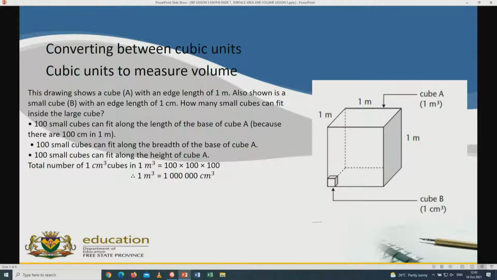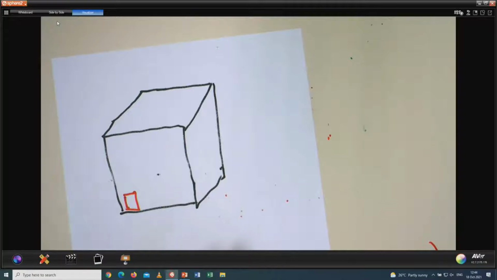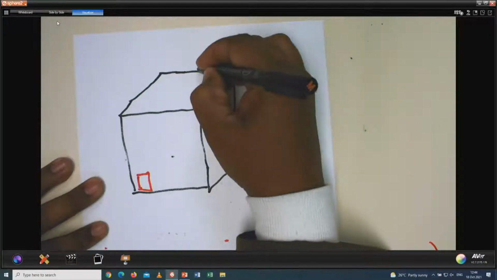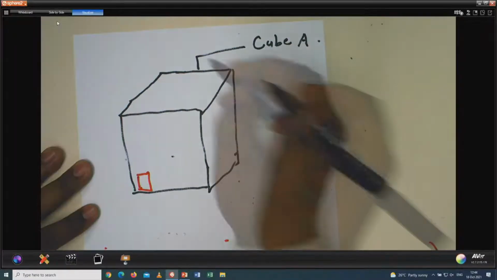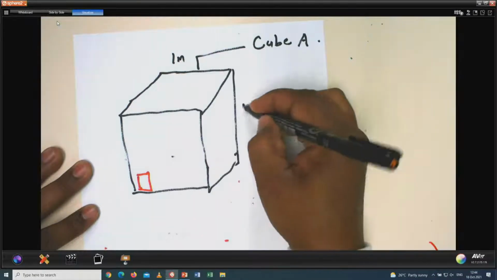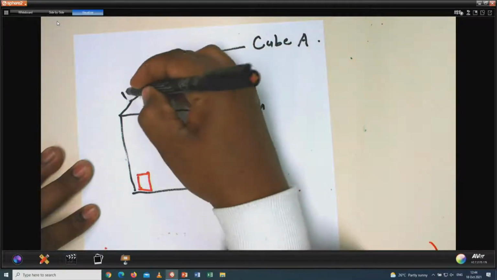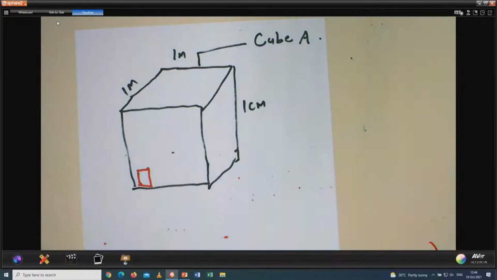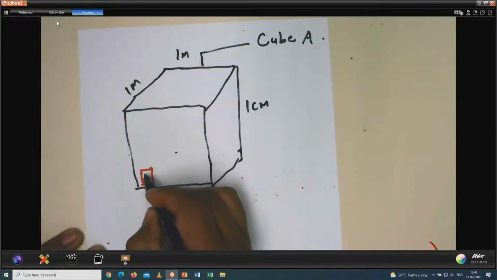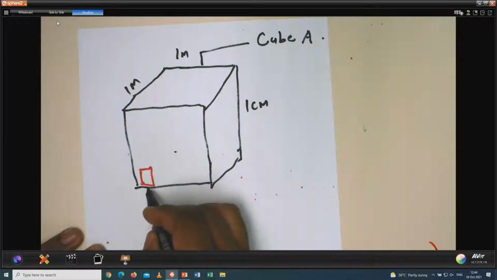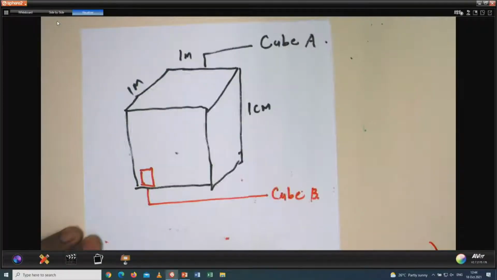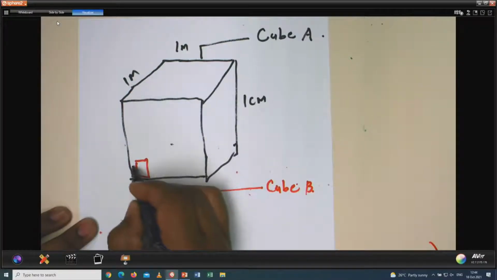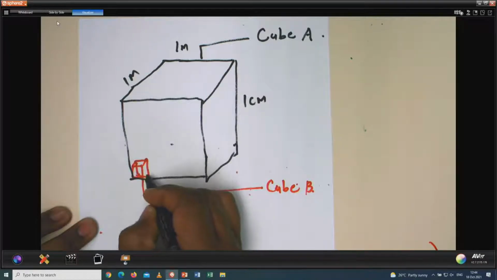This big one, the black one, is cube A, that measures 1 meter, 1 meter, and 1 meter. Inside this cube I have the small ones, little cubes. Let's say these are cube B's. It should look exactly like a cube like this.